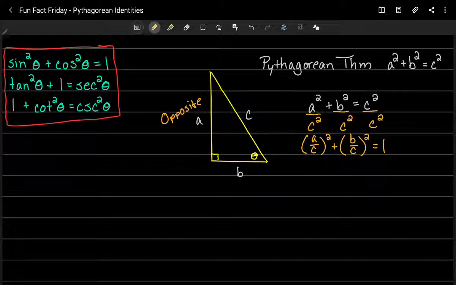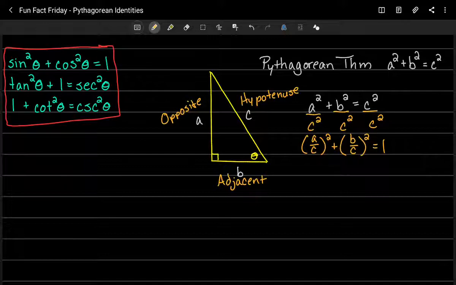Notice that C is my hypotenuse, the length of my hypotenuse to be more specific. And B is the length of the side adjacent to angle theta.